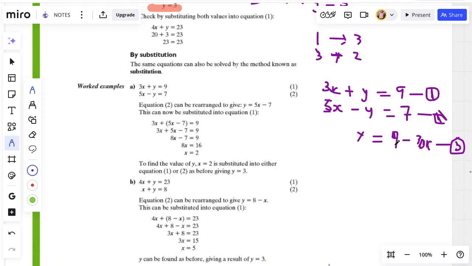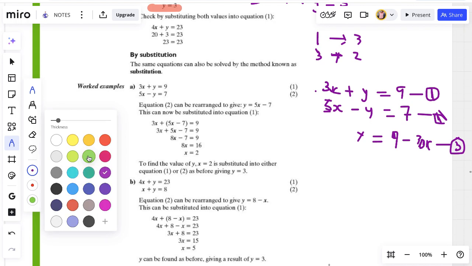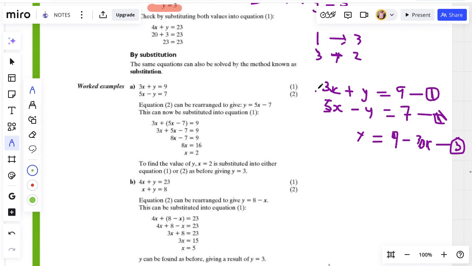Okay, so now what it means is that I use equation 1 to make equation 3, this one.